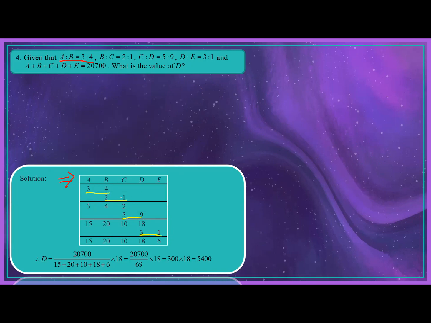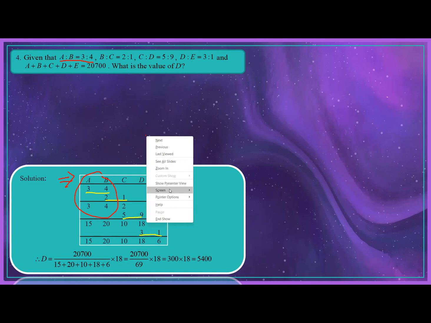Now, after that, you continue every line. Okay, the first would be for A is to B. For A is to B, okay, for this part, you have 3 is to 4. Okay, next is B is to C would be 2 is to 1. Okay, pero adjusting here, adjusting at the third ratio, which is the B is to C, essentially that would also be 2 is to 1, right?